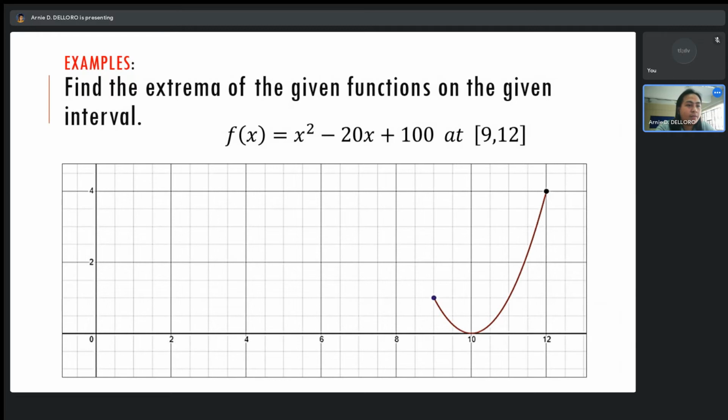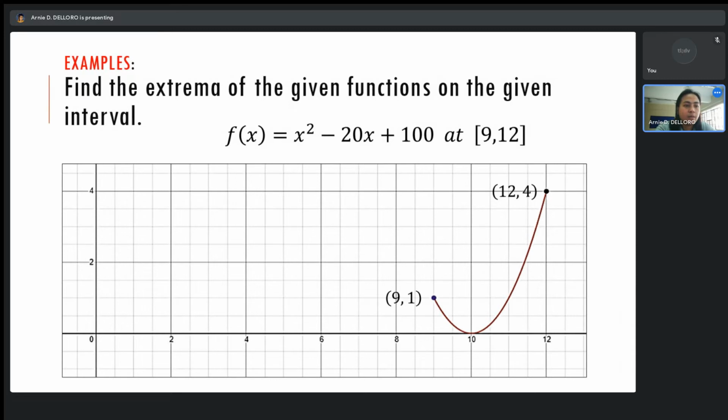If the value of x is equal to 9, the value of the function is equal to 1. If x is equal to 12, the value of the function is positive 4.